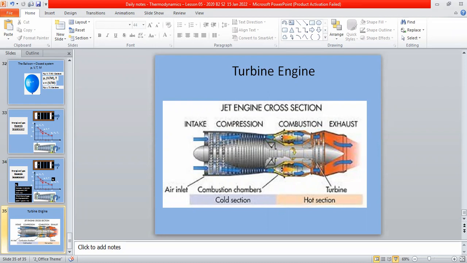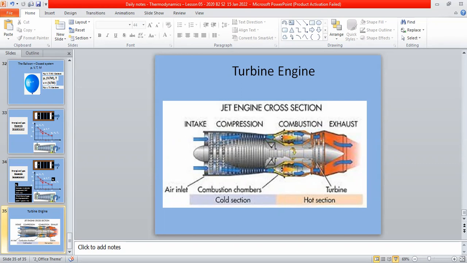The turbine generates mechanical power to run this compressor component. Later we will learn more about this, but I just mentioned the compression in a different manner. After compression comes combustion, and the fuel comes here as well.